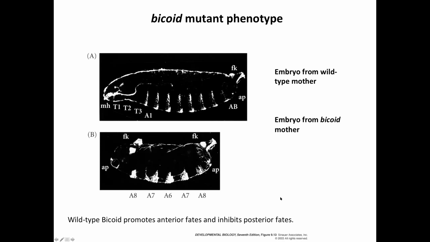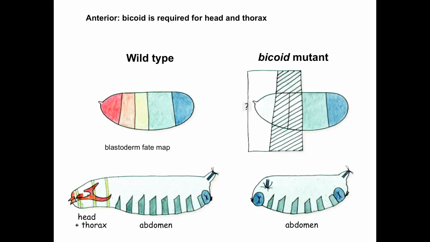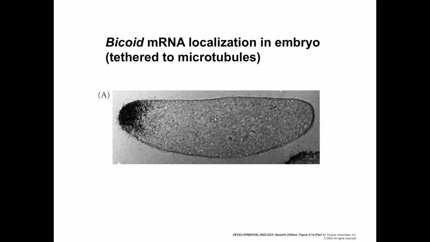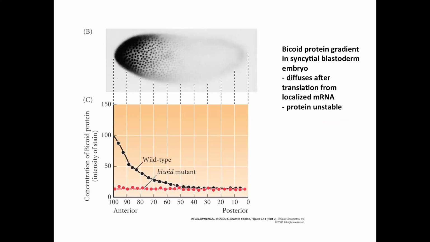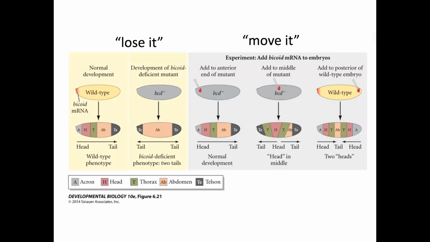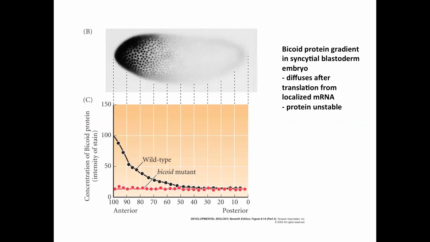So Bicoid is necessary for abdominal segment formation, but the key lies in how it is being read to define abdomen. While the highest Bicoid concentration defines head, and a little lower defines the thorax region, much lower concentrations of Bicoid are needed to actually give rise to the abdomen.